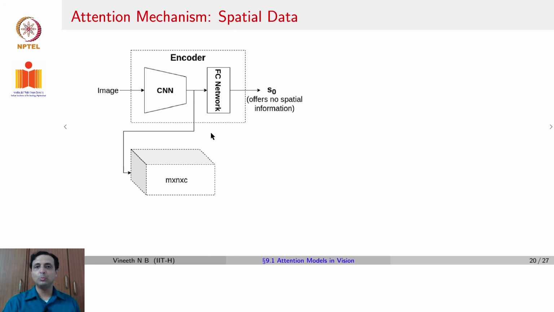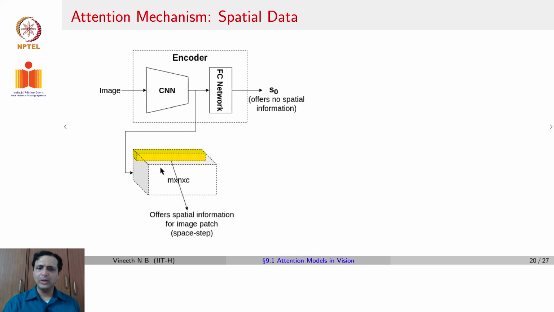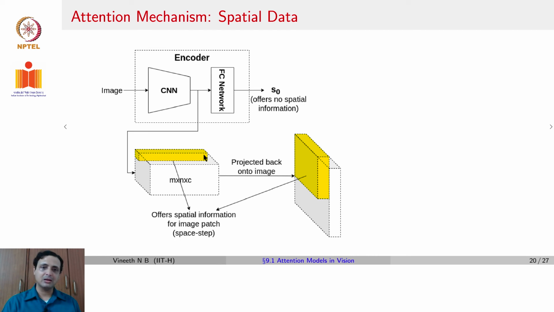which would give you a certain volume, which let's say is M cross N cross C. Now we know that if you considered one specific patch of this volume M cross N cross C, you can trace that back to a particular patch of the original image which was passed through a CNN. So you know that the output feature map, say a conv5 feature map, if you looked at one particular part of that depth volume, you would get a certain patch in the input image.